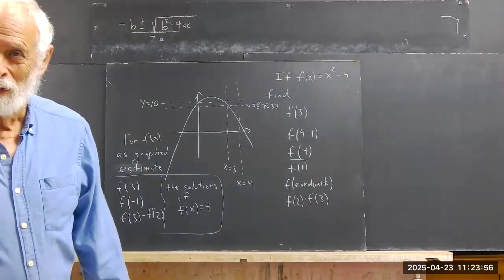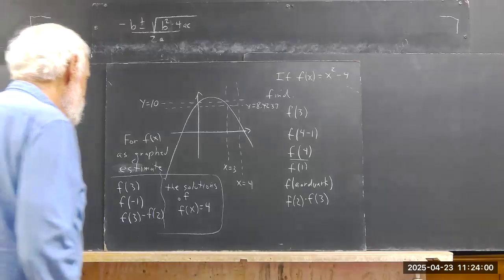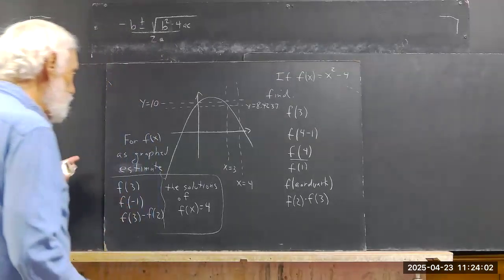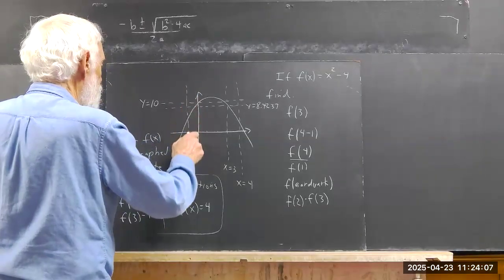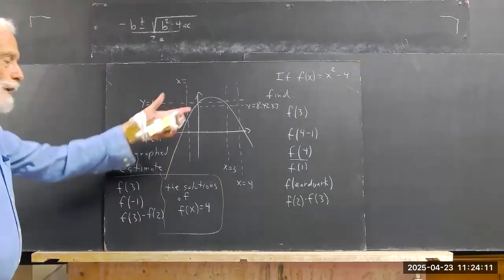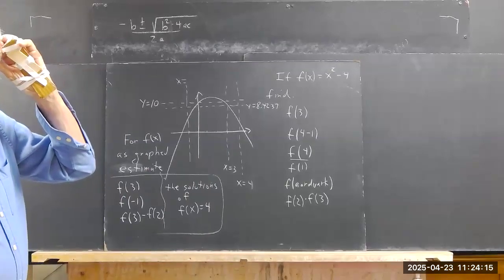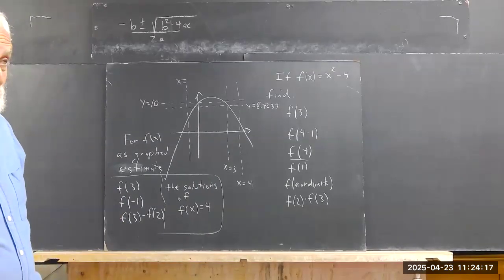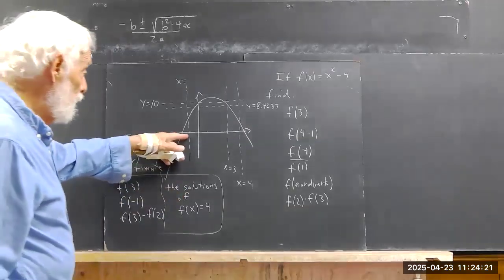If you estimated 9, that's fine too. f of -1. Well, -1 would be about here. Your estimates are not going to be identical to mine because you're not going to draw the picture exactly the same as I did.